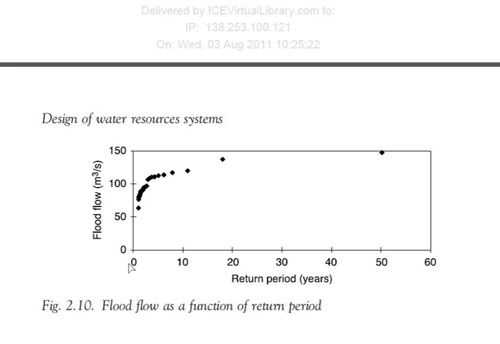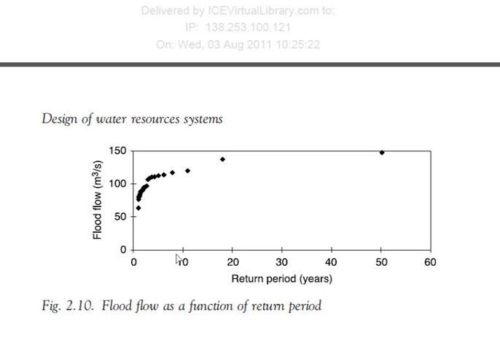And we obtain this distinctive graph where you've got a sharp, almost logarithmic type of relationship at very short return periods. So at short periods, the flood flow increases very greatly over a short period of return time.